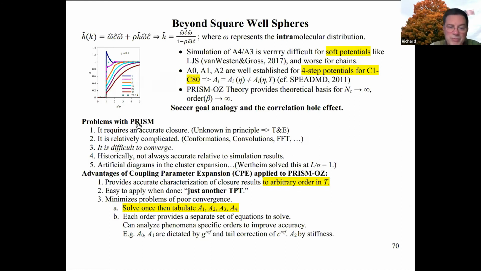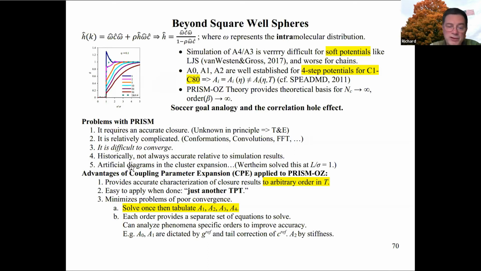And so that is something we can't avoid. Historically, it hasn't always been great relative to the simulation results, but time will solve that problem, right? We'll steadily make better closure approximations and get more comparisons, and we can iterate to improve that problem.